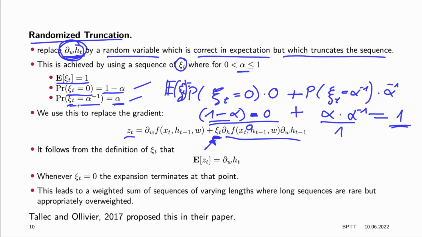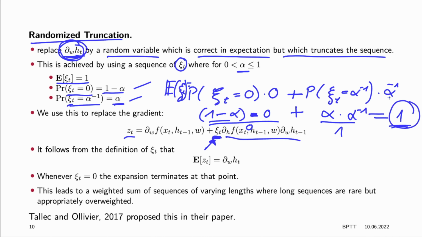So we enter the recursion one step, but we upweight it because we're multiplying by 1 divided by alpha, which yields a number that is larger or equal to 1. And similarly to the expectation of ξ_t being equal to 1, the expectation of this z_t, so of this randomly truncated gradient, is also the actual gradient.